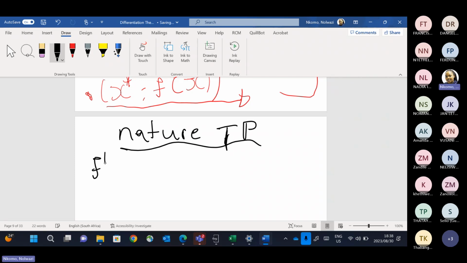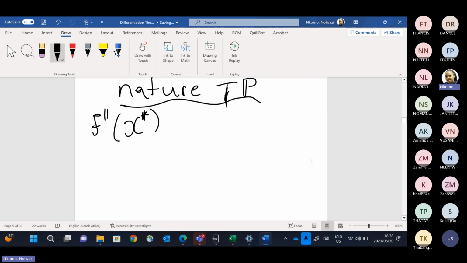You need to determine the second derivative at your x star. Remember, we are finding the nature of the turning point or stationary point, and we said we will use x star to denote the turning point or the stationary point.